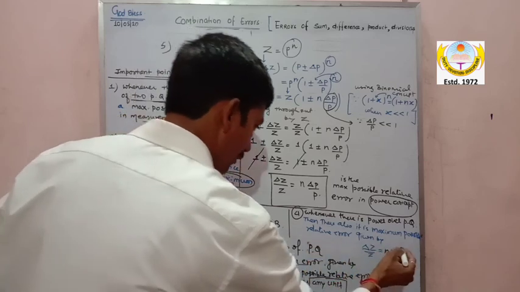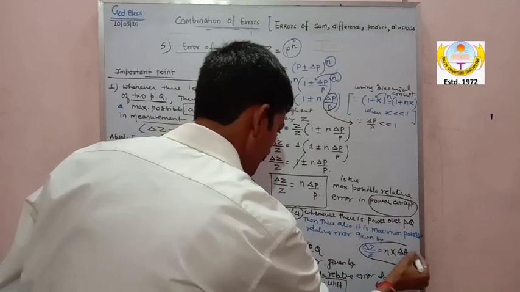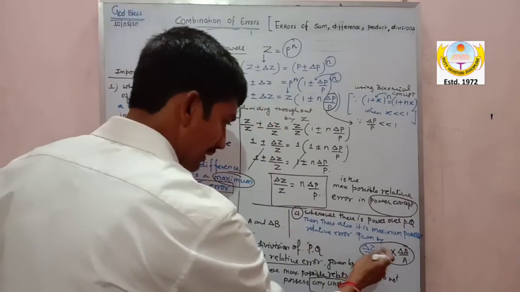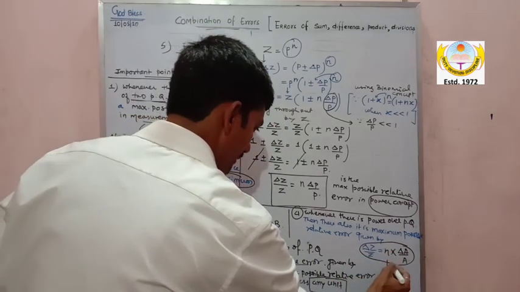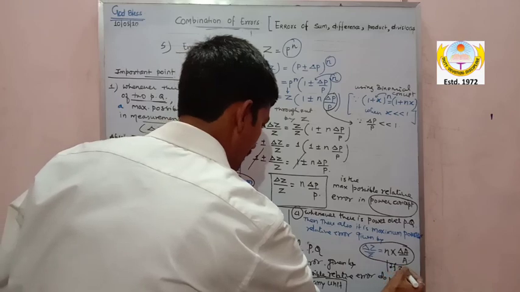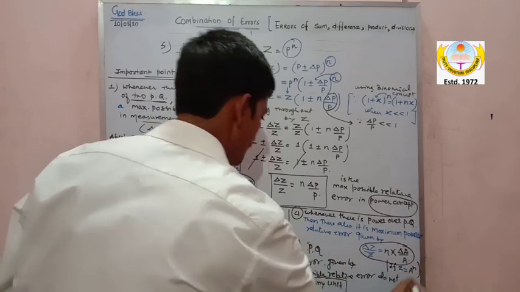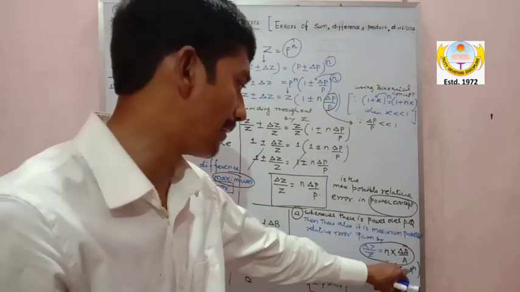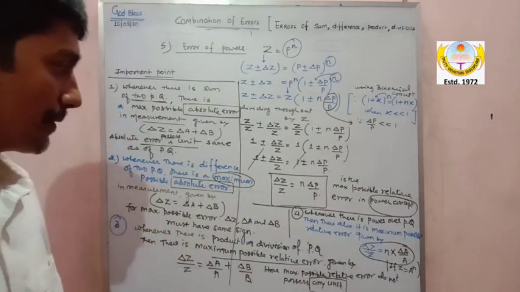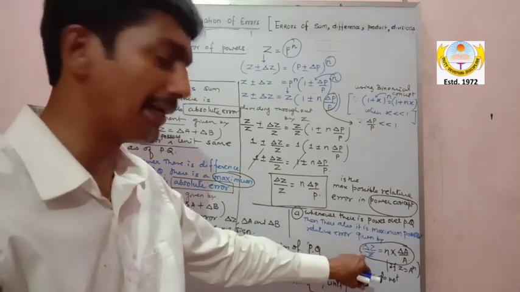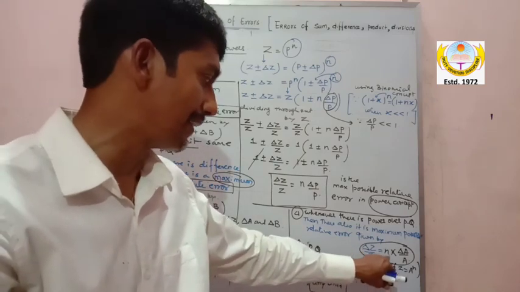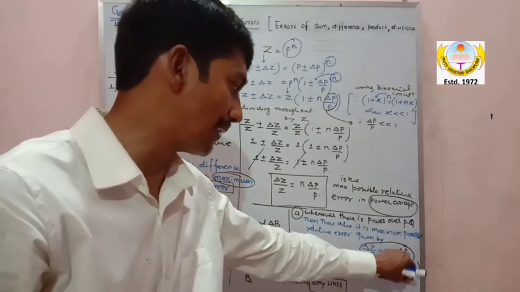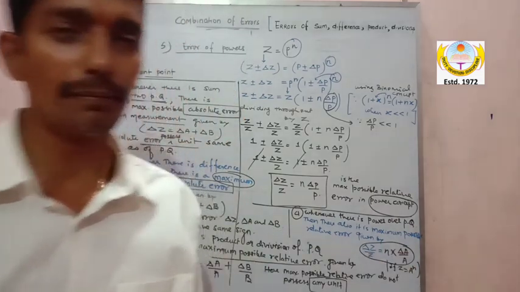This is the answer for, if z is equal to a power n, then the maximum possible relative error will be delta z by z, which is nothing but n into delta a by a. Please take care of this.